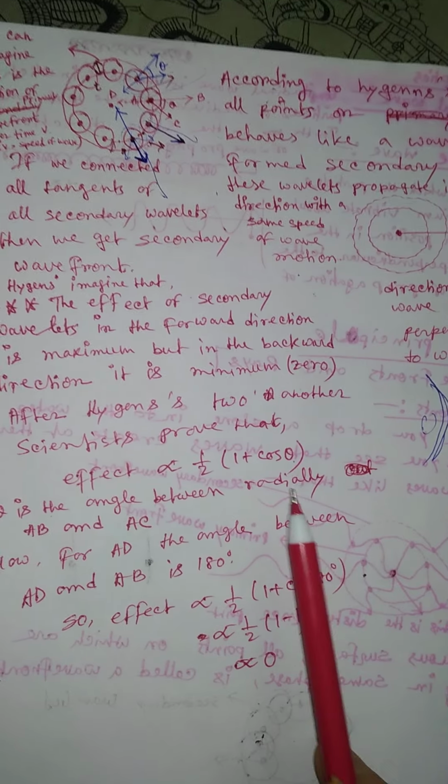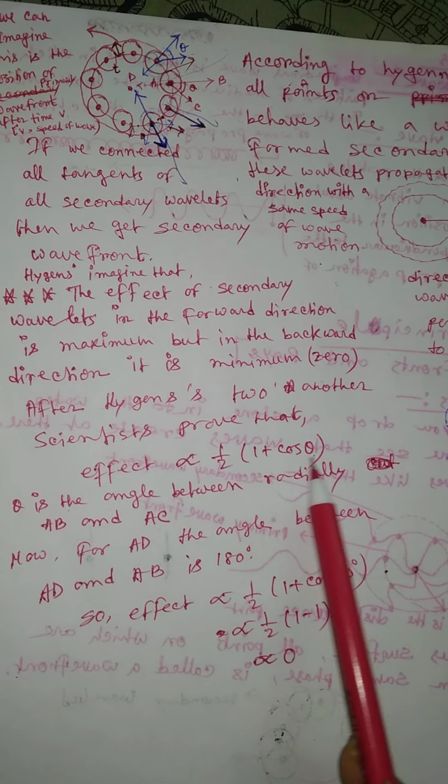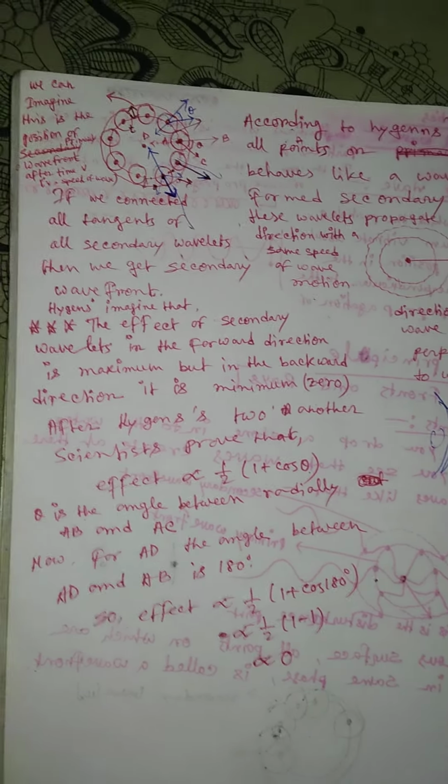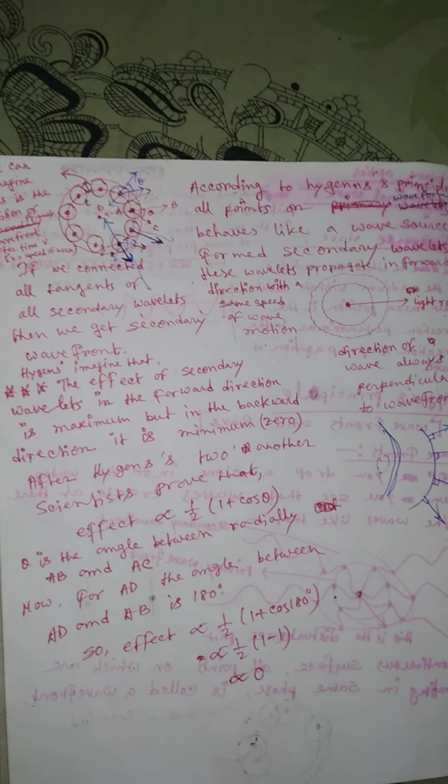And if theta is 180 degrees, then cos theta equals -1, so the effect equals 0. So the backward direction effect is 0, and in the forward direction, towards the motion of the wave, it is maximum.